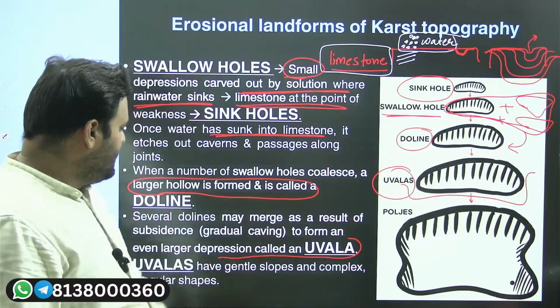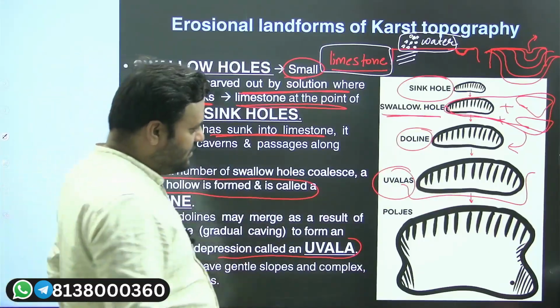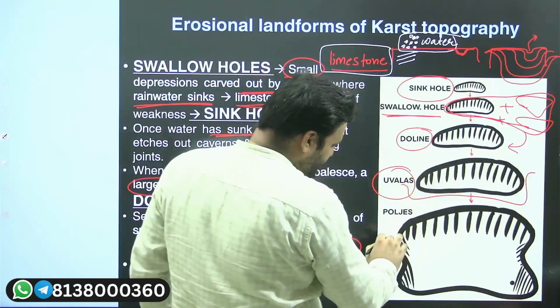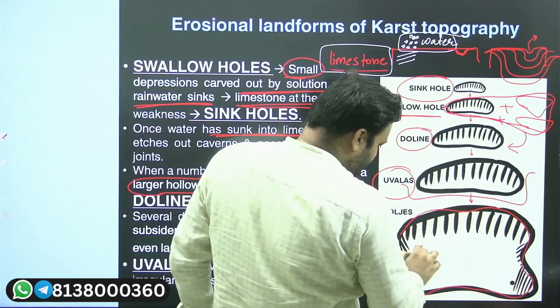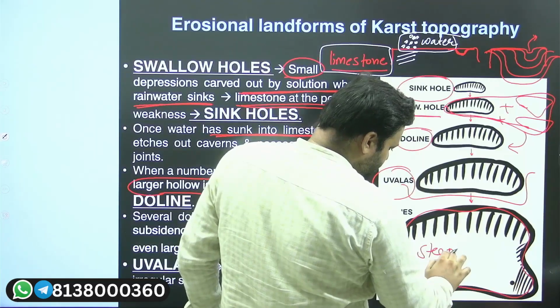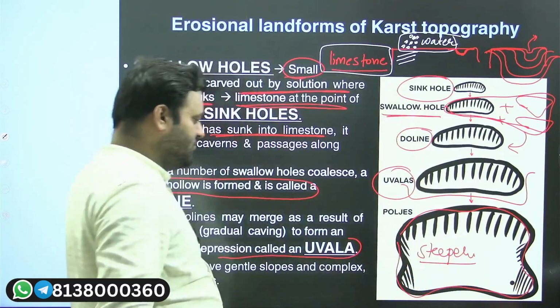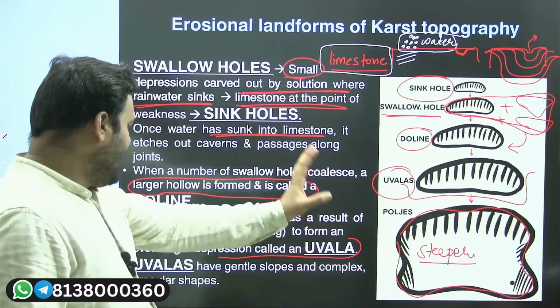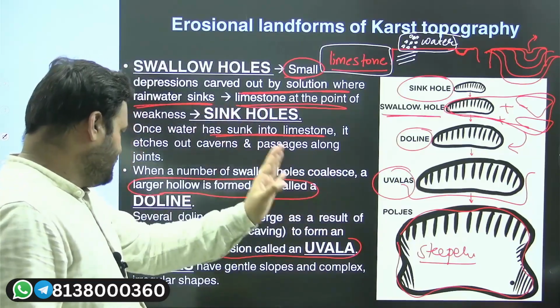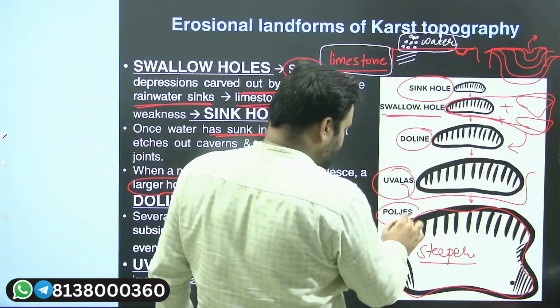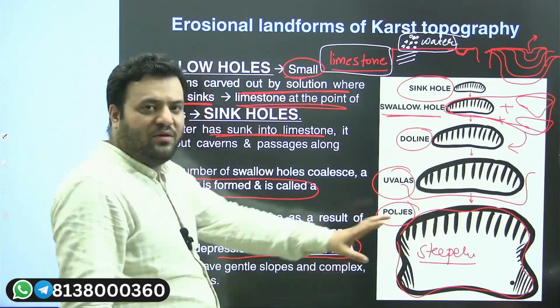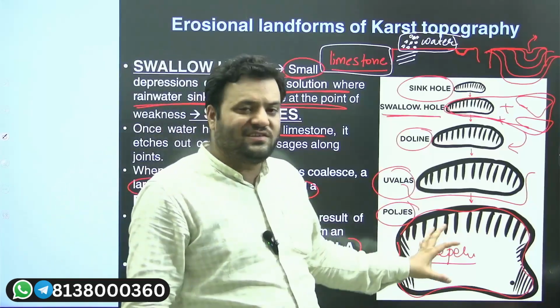And yes, lastly, if we see this particular Uvalas, we may have more broader and steeper slopes. When we have more broader, especially steeper slopes, that will be called Poljes. Here in this Poljes, water can be collected, and this Poljes acts like a lake.